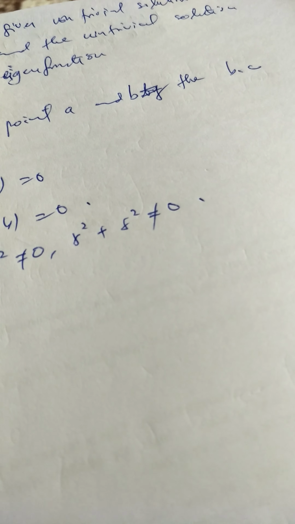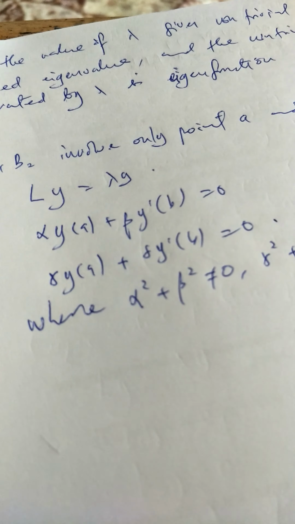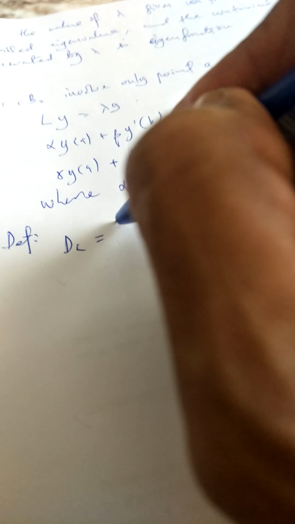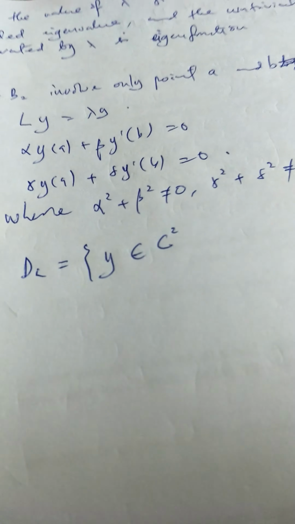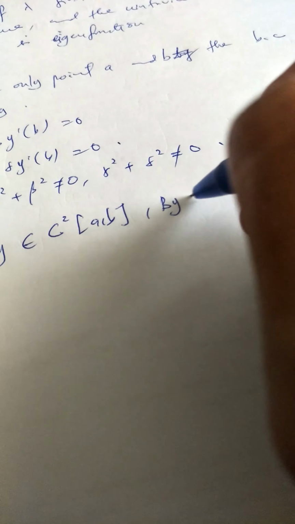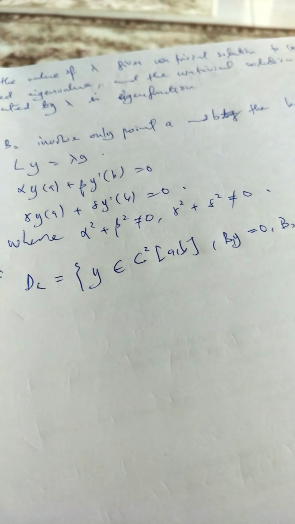Before I go to an example of how to find the eigenvalue and eigenfunction, let me give you the definition of the self-adjoint eigenvalue problem. Consider the set DL of all y which are continuous up to the second derivative on [a, b], with the boundary conditions B1 y is 0 and B2 y is 0.